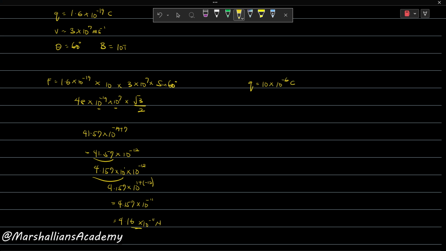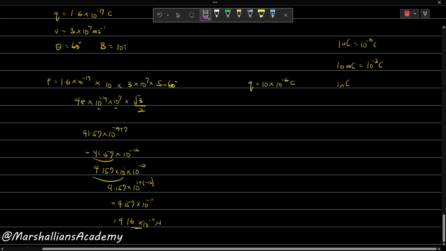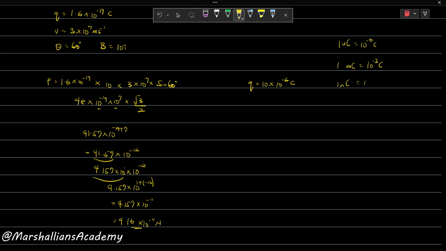In case you don't know, 1 microcoulomb is 10 to the negative 6 coulomb. 1 millicoulomb is 10 to the negative 3 coulomb. 1 nanocoulomb is 10 to the negative 9 coulombs, and 1 picocoulomb is 10 to the negative 12 coulombs. You should remember this from your electricity class.